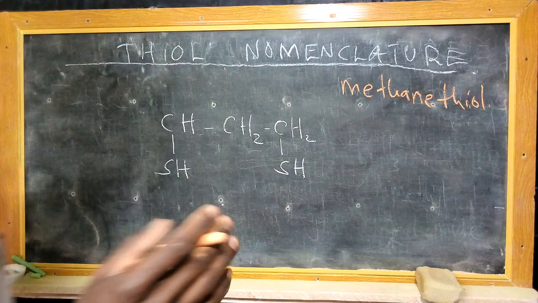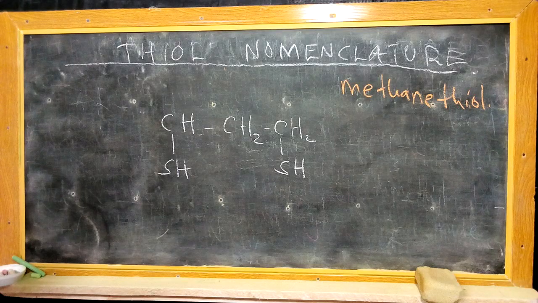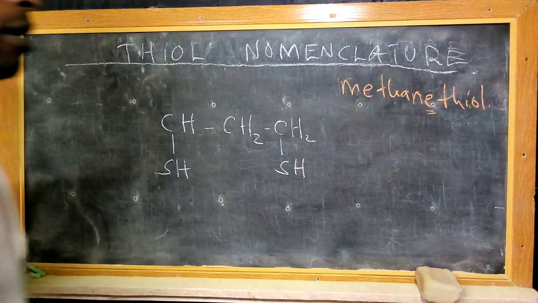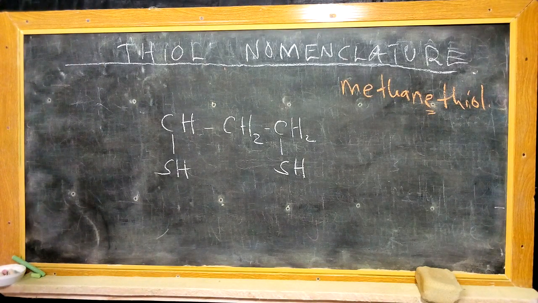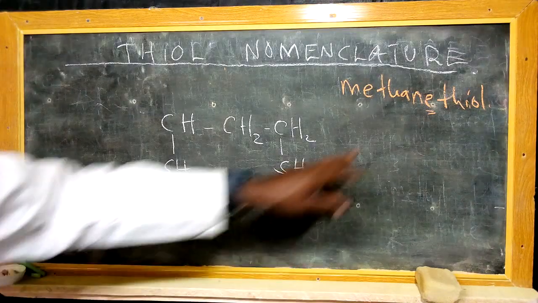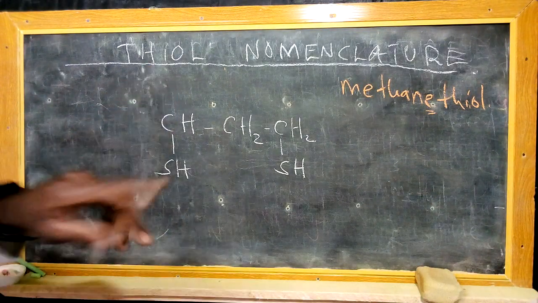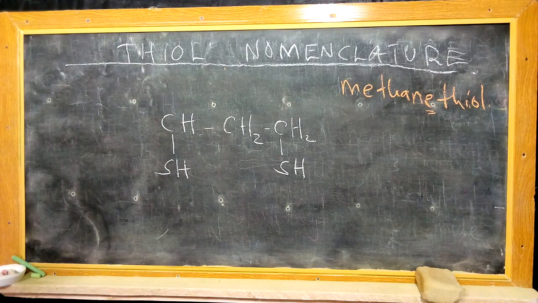As we have been doing in the previous videos about the nomenclature of different classes of organic compounds, we have been dropping this ending for the basic alkane series for other members like carboxylic acids, alkenes, alkynes. There are some instances where we have been dropping the E, but in the case of thiols, that E is normally maintained.